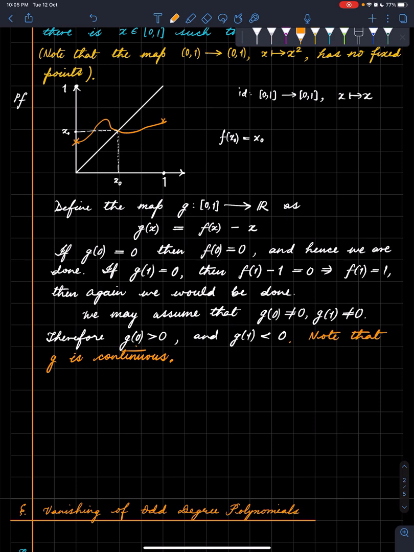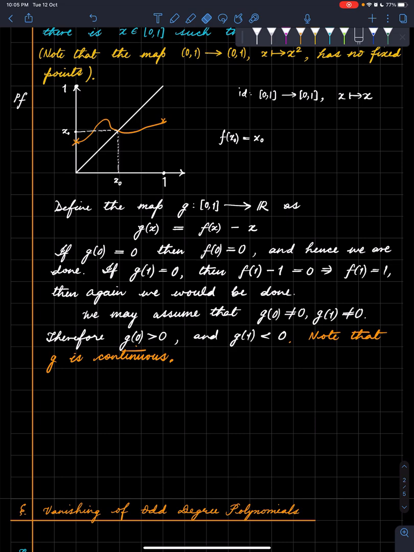We discussed the algebra of continuity, and there was a lecture with that title. So what is g? g is the difference of f and the identity map, and therefore g is continuous. So just please take a note.